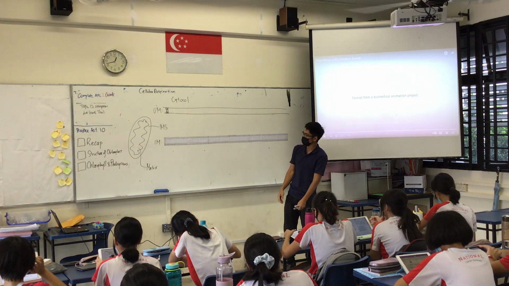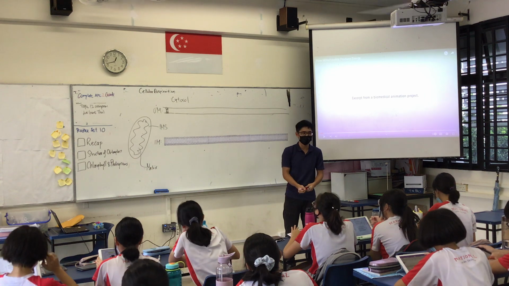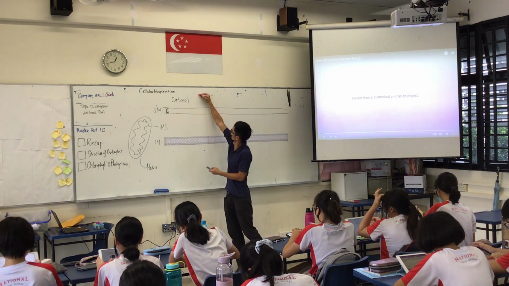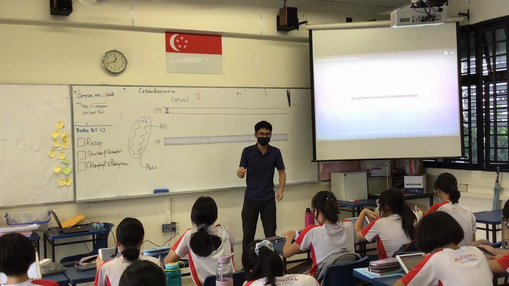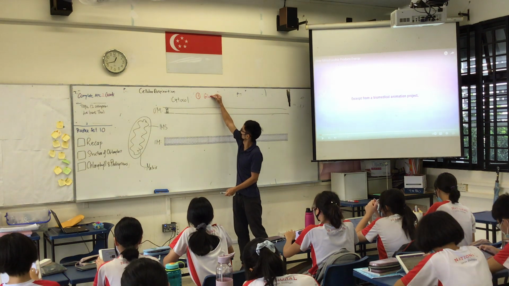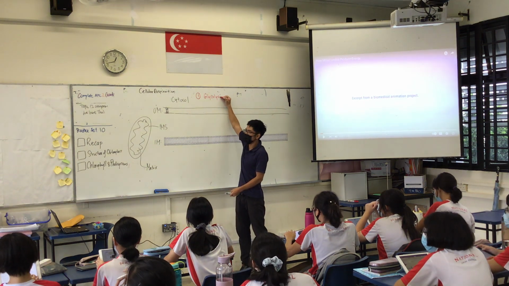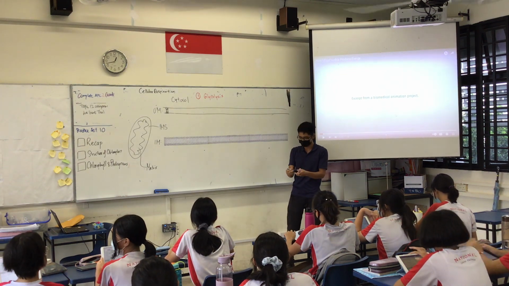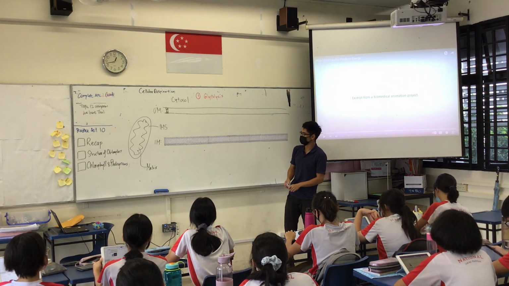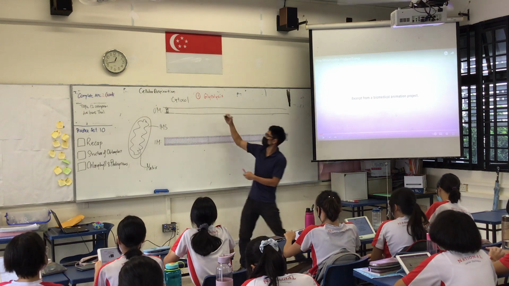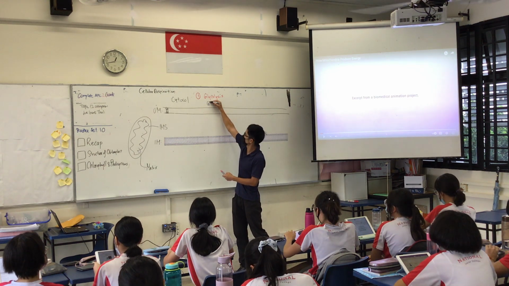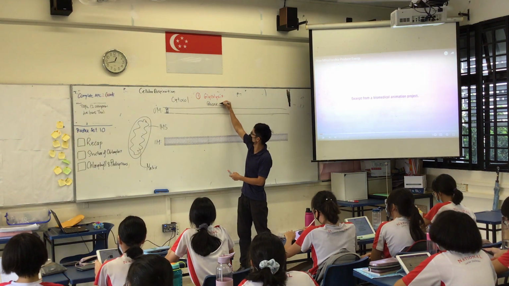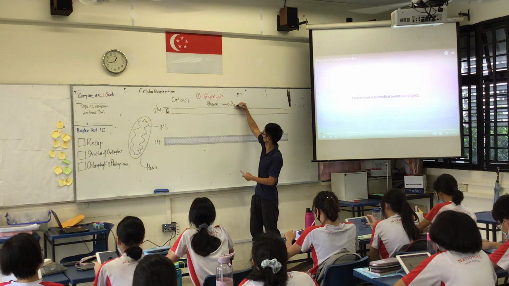Right, so that being said, let's recap the 4 steps of cellular respiration. We begin first with glycolysis. In glycolysis, a quick recap, we convert glucose to pyruvate.